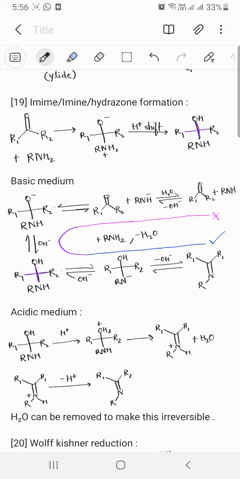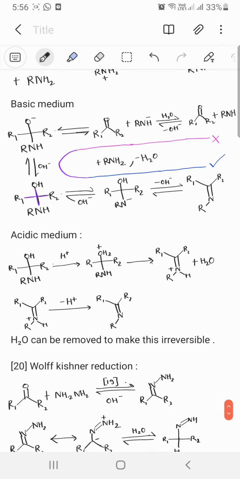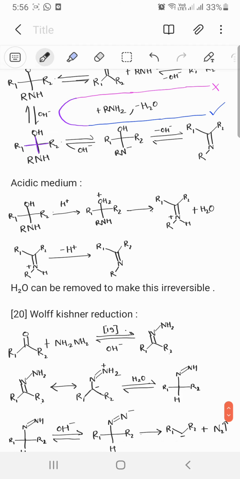So in the end, it is an equilibrium. It doesn't matter what bond strength or anything you have. If you put more RNH2 in the reaction mixture, you will get the right hand side products, the correct products, right? Okay, acidic medium. Pretty much the same stuff. Here too, you have to either remove one of the products you get or put more of the reactant or something like that. Removing the product is always a better choice.